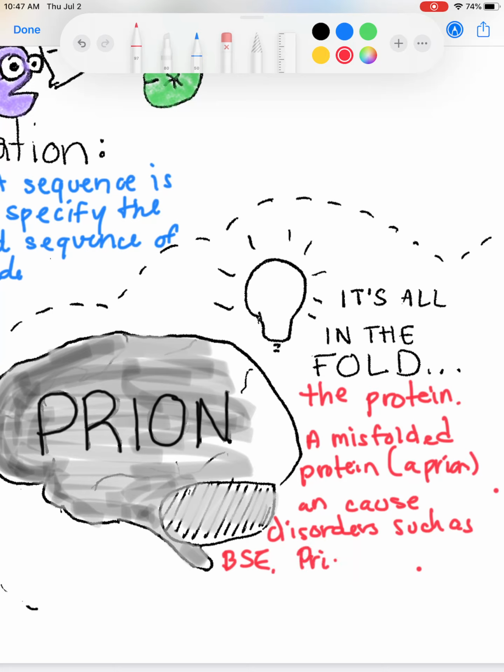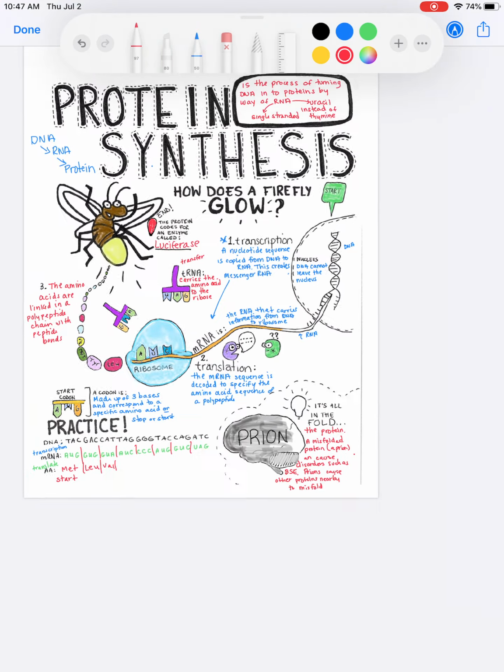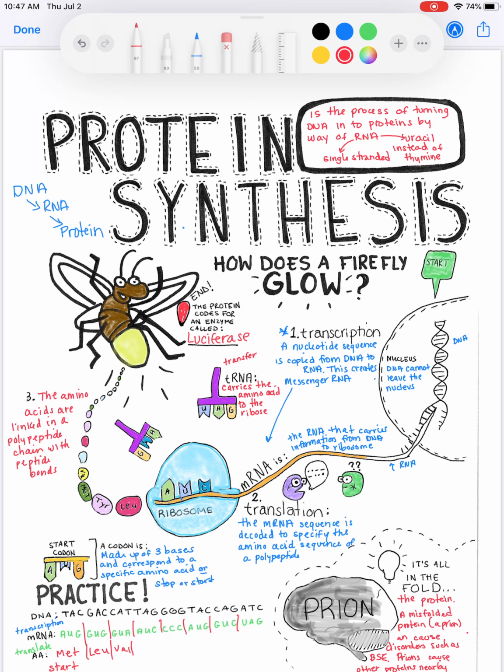Prions cause other proteins nearby to misfold. Okay, so that is protein synthesis, and we've figured out today how our firefly can glow.